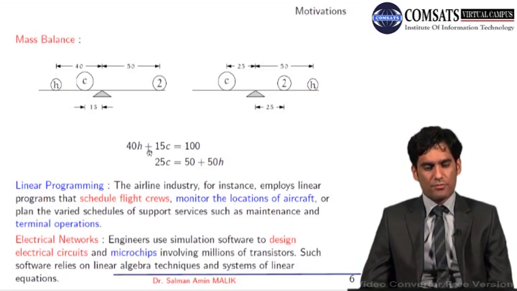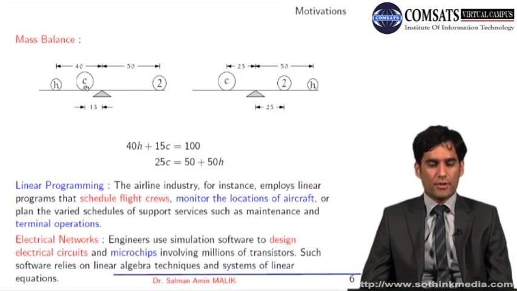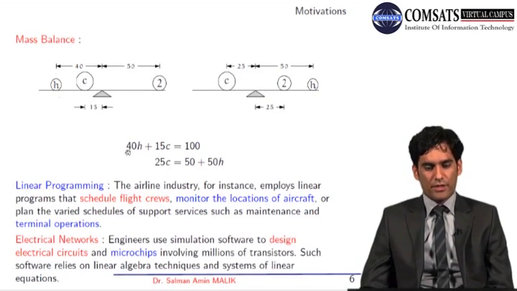We have 40h plus 15c, where 15 is the distance of the object c from the wedge, and we suppose that the mass of this object is c. So 40h is the turning effect due to the mass of object h, and 15c is the turning effect due to this object whose mass is supposed to be c, and this equals 2 into 50, which turns out to be 100.